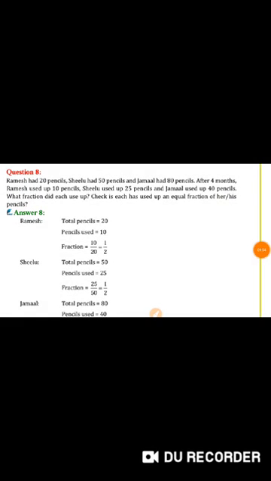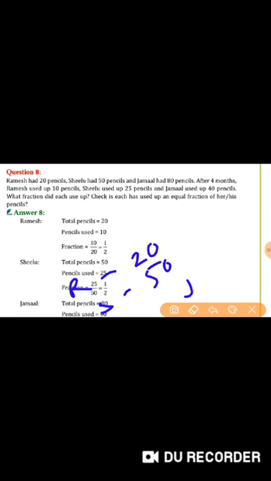See here, Ramesh had 20 pencils. Sheelu had 50 pencils. Jamal had 80 pencils. After 4 months, Ramesh used 10 pencils, means 10 remaining. Sheelu used 25. Jamal used up 40 out of 80.